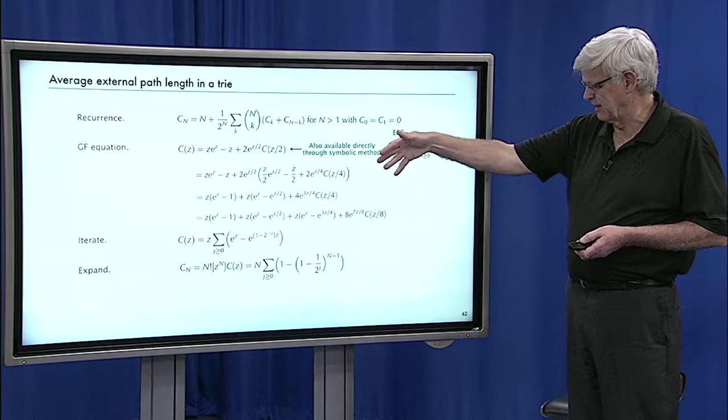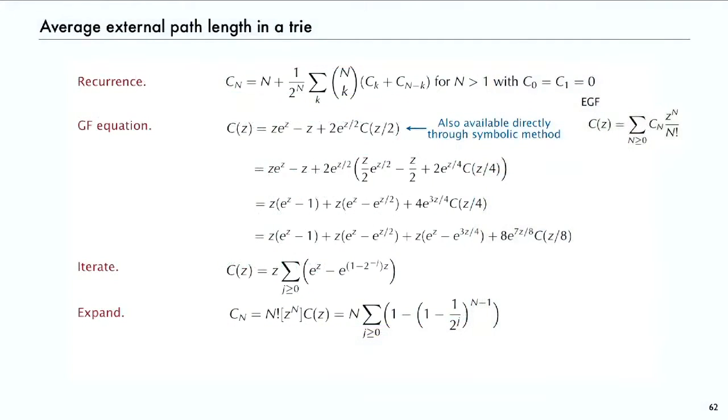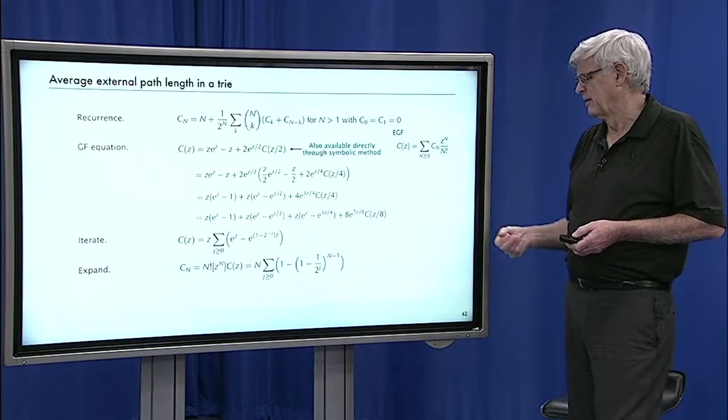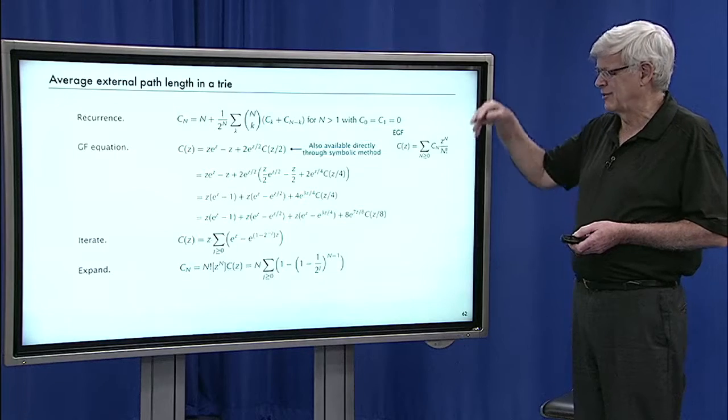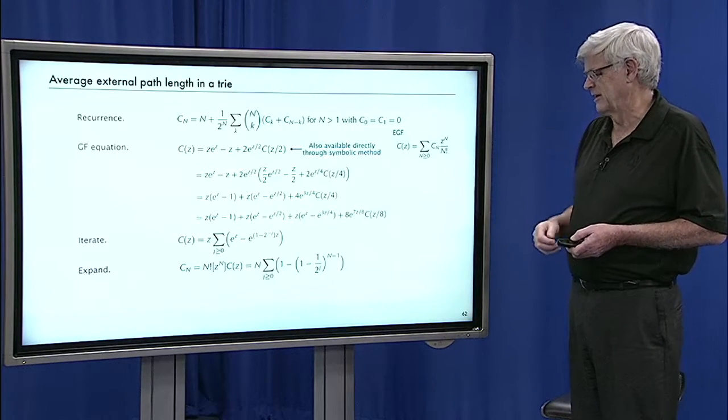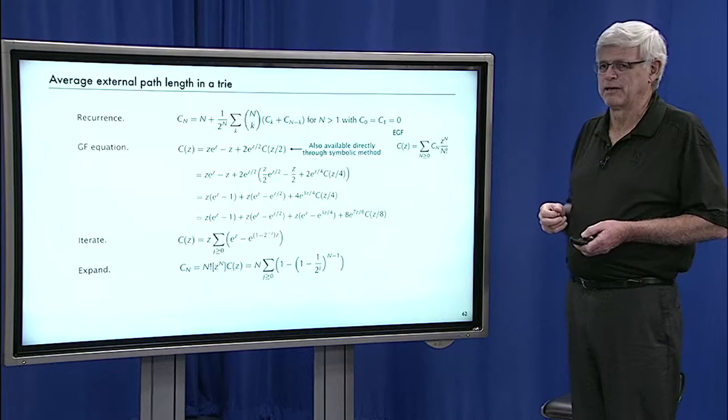And if you go ahead and expand the e to the z multiplied by n factorial and get the coefficient of z to the n, then we have this difference, 1 minus 1 over 2 to the j, to the n minus 1, summed on j. Again, that's a fairly simple, explicit formula for the average external path length in a trie. It still does have the infinite sum, and we're going to have to work with it a little bit.